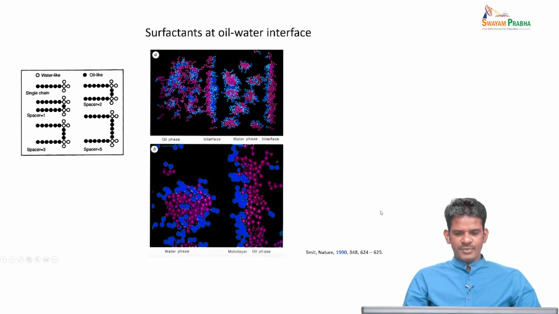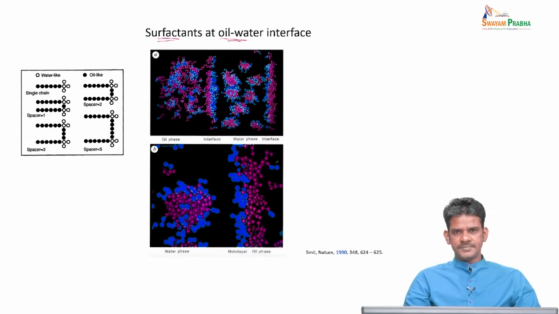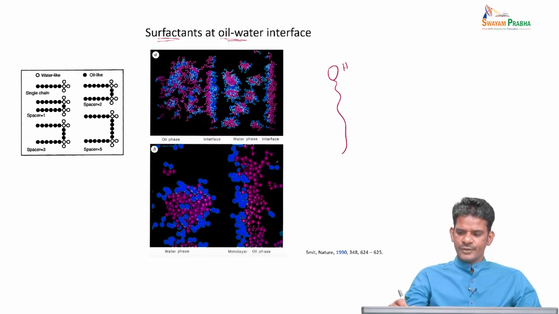And here is another example, looking at the behavior of a surfactant when you mix it with oil and water. A surfactant is basically a chemical molecule which has a hydrophilic head group and a hydrophobic tail group, a long hydrophobic chain.